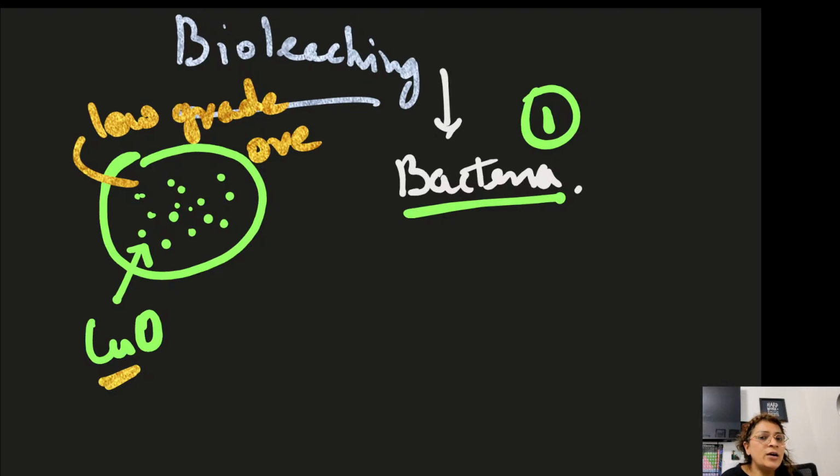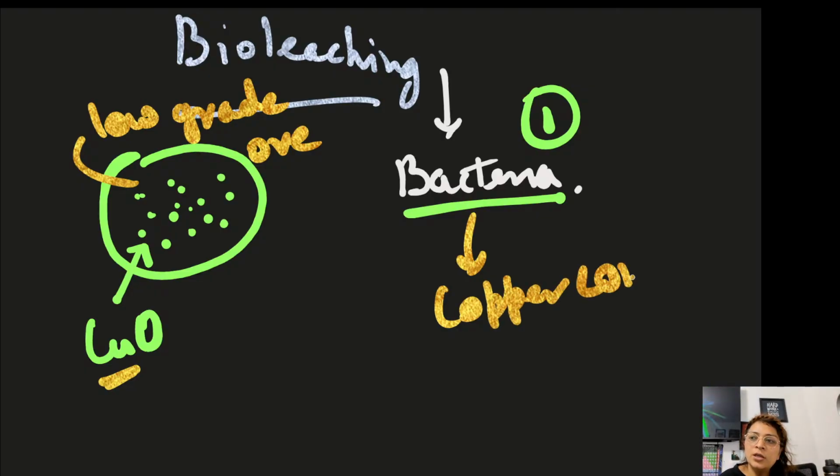So with bacteria, at this moment instead of getting into too much detail, just remember what you need to write from the exam point of view. 1 mark will be given if you said bacteria. Bacteria converts copper compounds in the ore into soluble compounds.